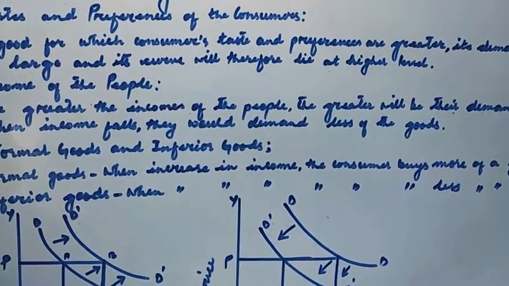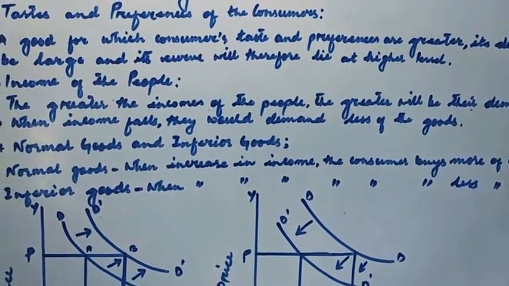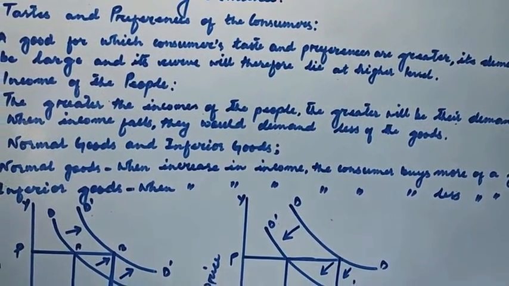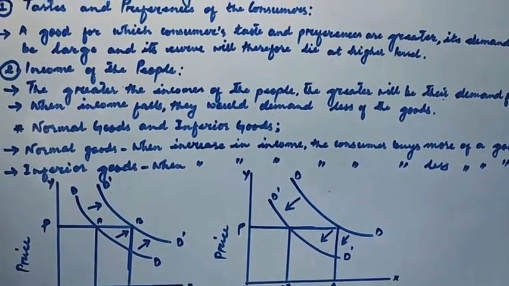As a result of changes in these other factors, the demand curve will shift above or below. So these are some of the factors which determine demand for goods.